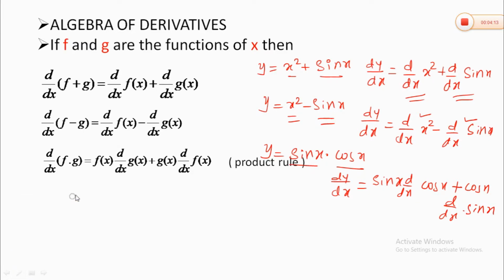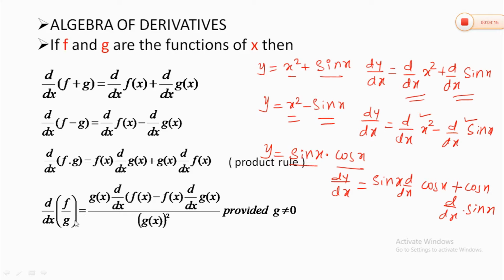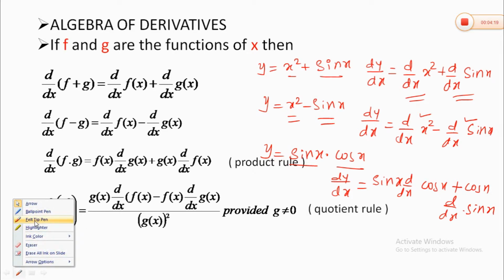So now derivative of f upon g, dy dx of f upon g, that is quotient rule. So quotient means, so sin x upon x square or x square upon sin x, (ax plus b) upon (cx plus d) form.